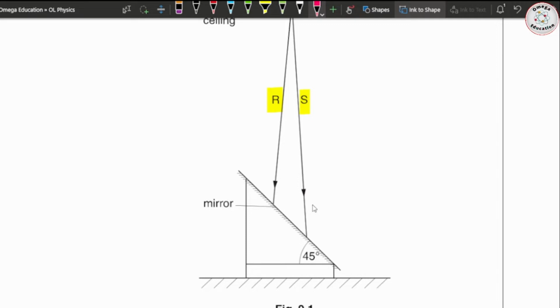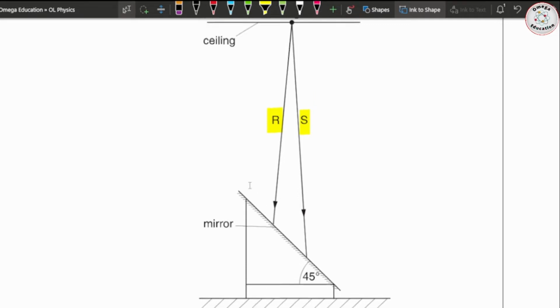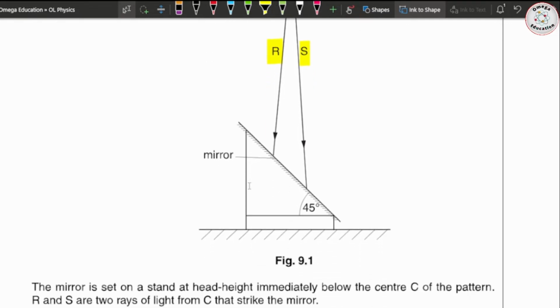In order to show the reflected rays, the very first thing is you draw the normal line. The normal line is drawn at the point of incidence. Here we have one point of incidence, and the other point of incidence here. So we'll be drawing a normal line at the point of incidence, and that line should be perpendicular to the surface.